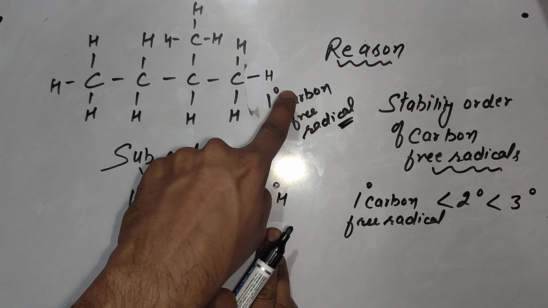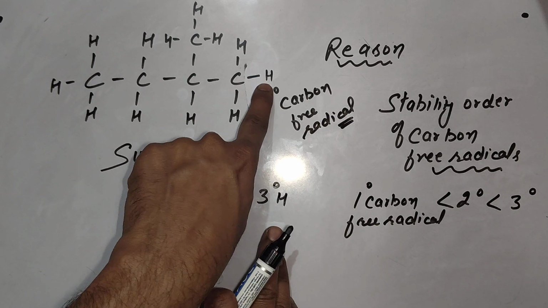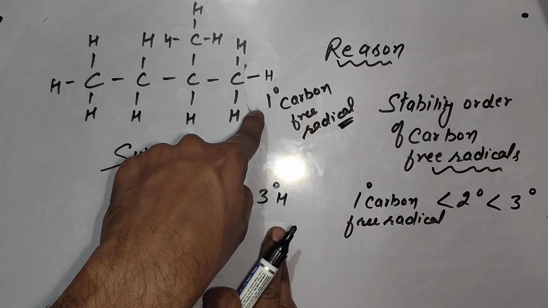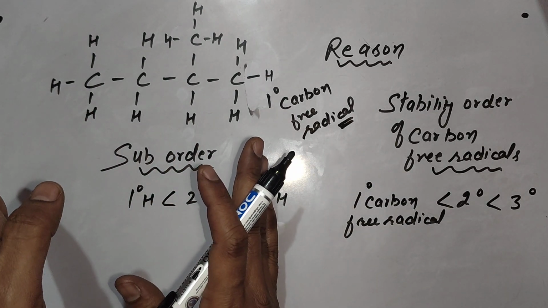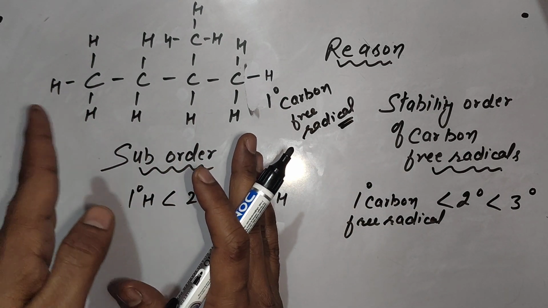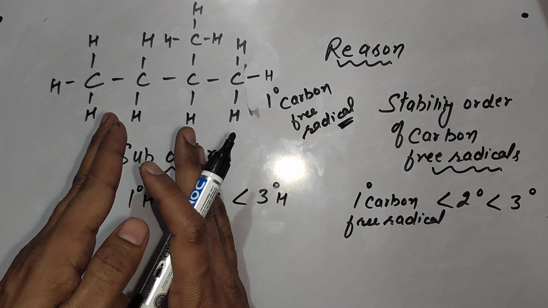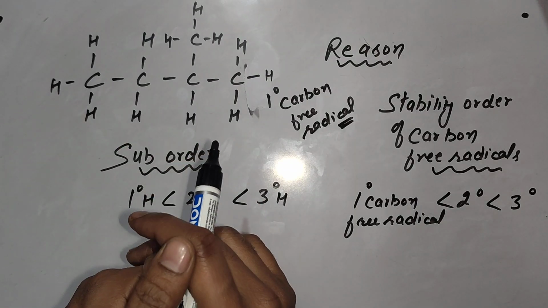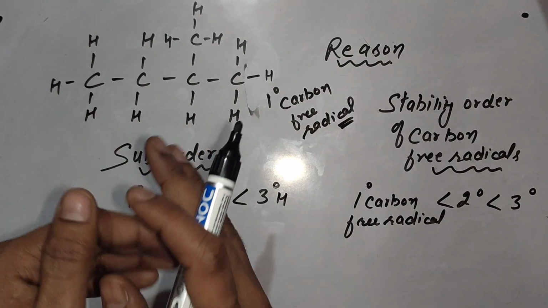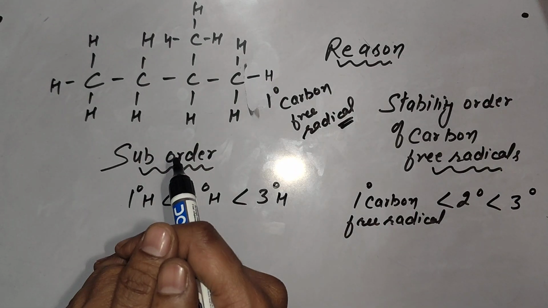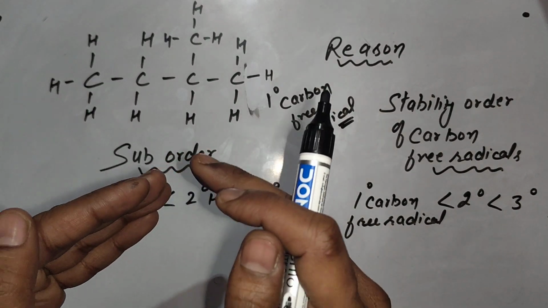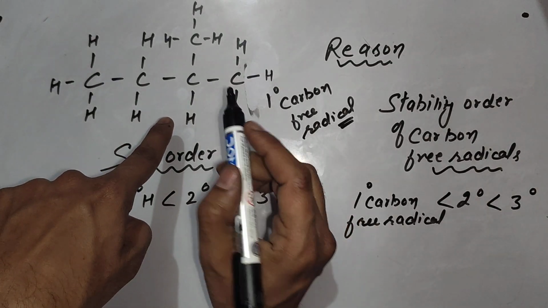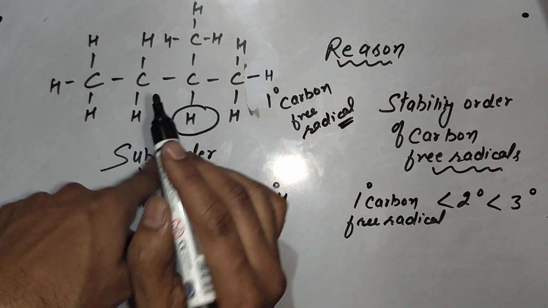If the reaction substitutes this hydrogen, a 1 degree carbon free radical will be generated, which is a less stable path for the reaction. Here the reaction has an option. What option? 3 types of free radicals can be formed over here: 1 degree carbon free radical, 2 degree carbon free radical, 3 degree carbon free radical. So the reaction will prefer the most stable path, the most stable free radical, which will be generated through substitution of this hydrogen.